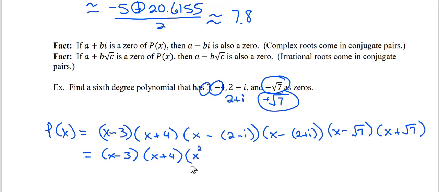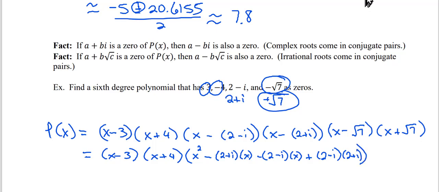x squared minus 2 plus i x comes from the outside, minus 2 minus i x comes from the inside, and then plus 2 minus i times 2 plus i. That is all inside that big parentheses.